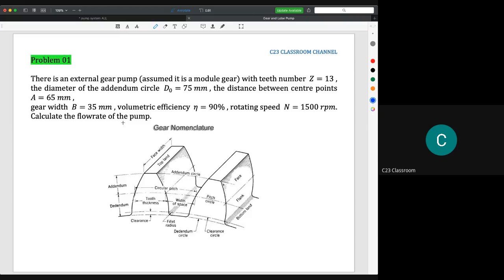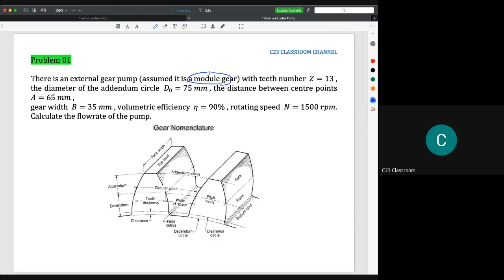Okay, for this question, assume that our gear is a module gear. There are a few types of gear, and the simplest one is the module gear. It is called a module gear because the gear is designed based on one specific number, and that number is called the module.